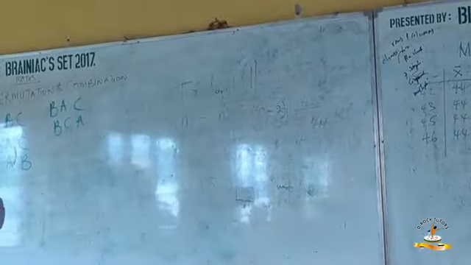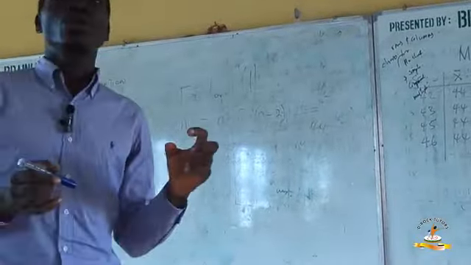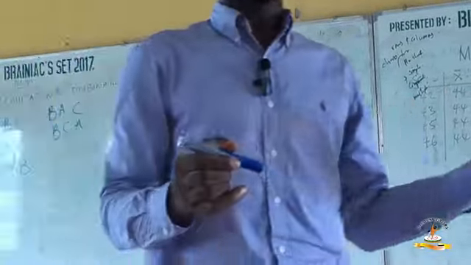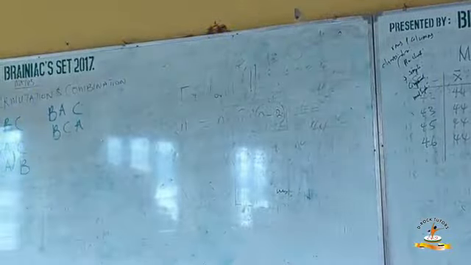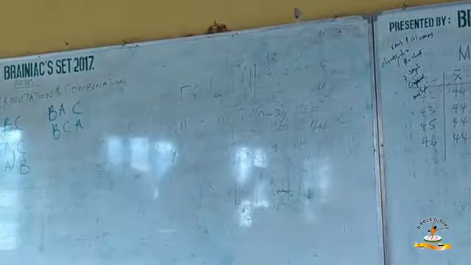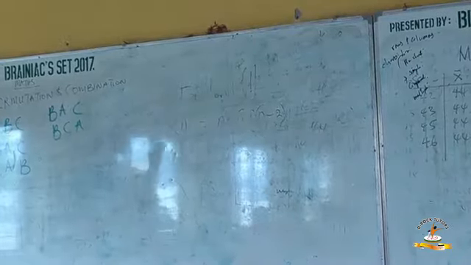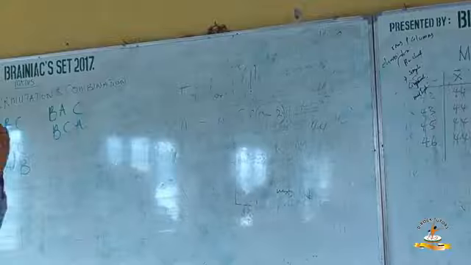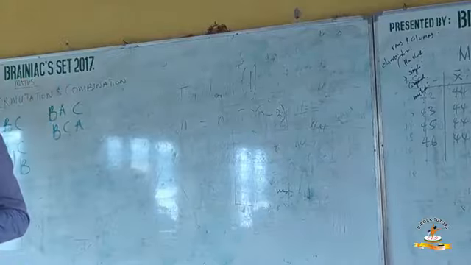And your MTN, your Glo, your other network subscribers' numbers, what they do is run some permutation. They give the system some numbers. They say, Glo starts with 0705 and generate any other 9 numbers like that.